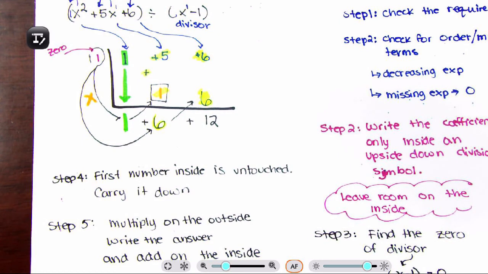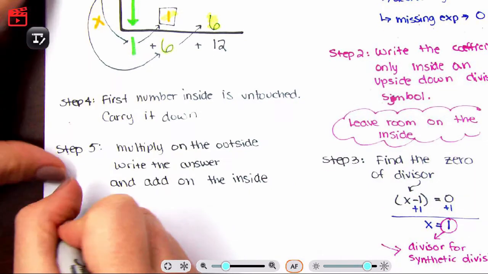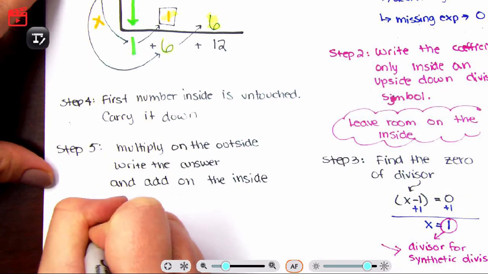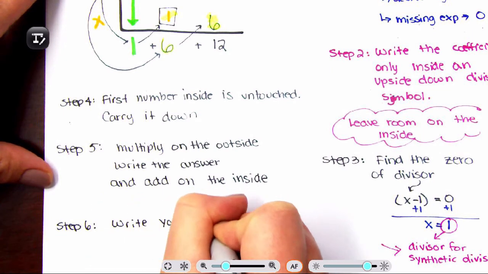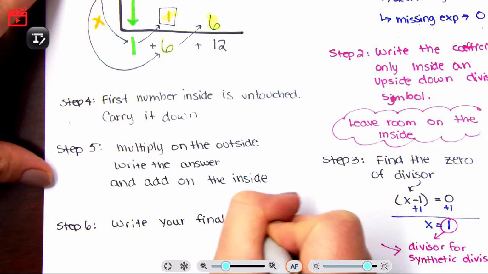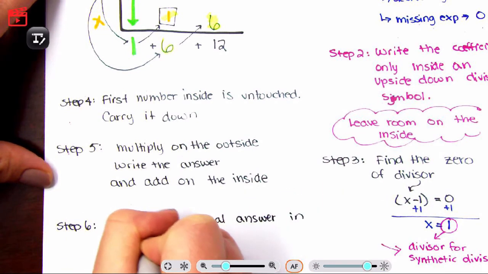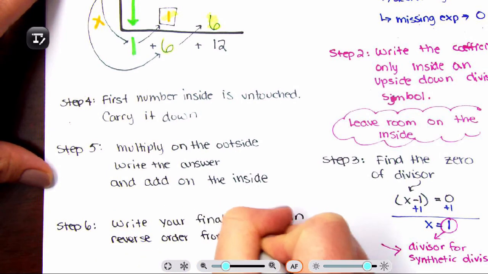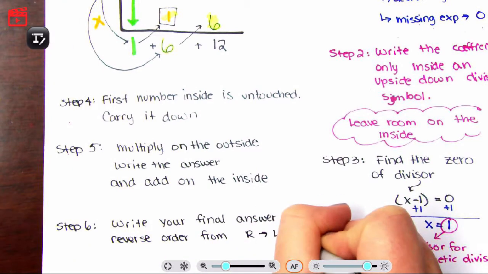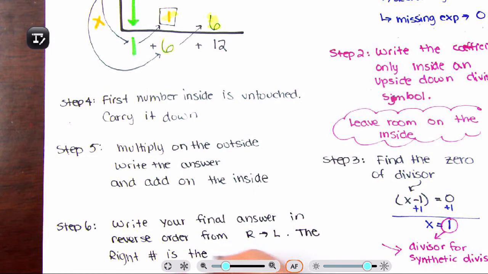Then, once you have this, step number 6, write your final answer in reverse order, from right to left. The most right term is the remainder.